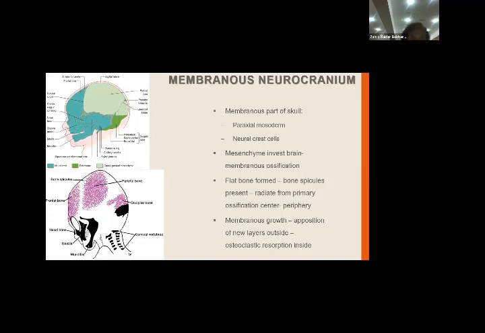ठीक है. So अब इसकी भी वही दो sources हैं, neural crest cells से भी और paraxial mesoderm से भी. So ये जो देख लीजिए, ये Gray's Anatomy की drawing है, ये Langman की है. ठीक है.